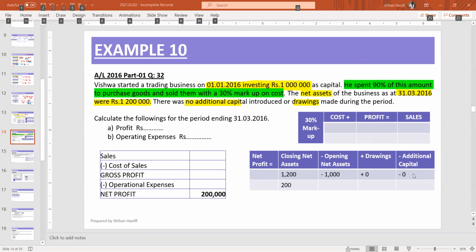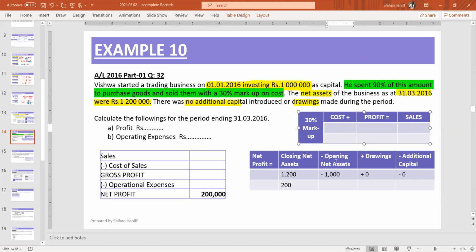He is spending 90% of his investment as the cost, right? So cost is 900,000. Markup is 30% on cost. So if the cost is 100, profit is 30, sales is 130.